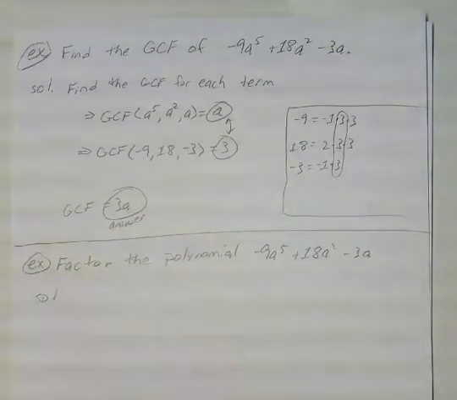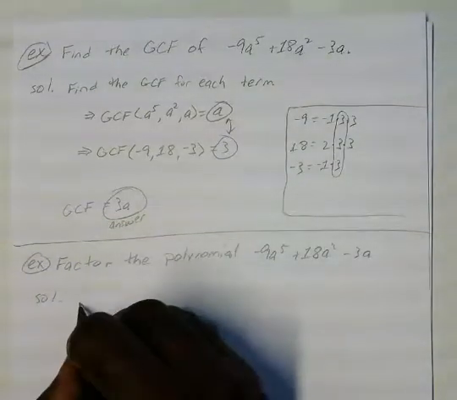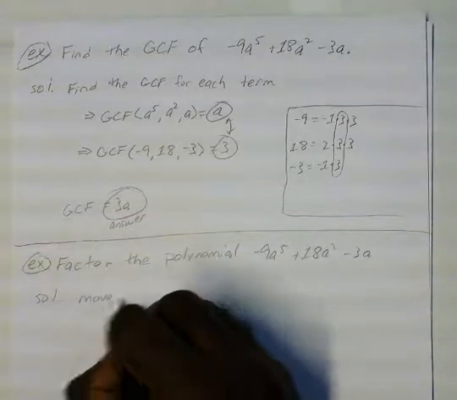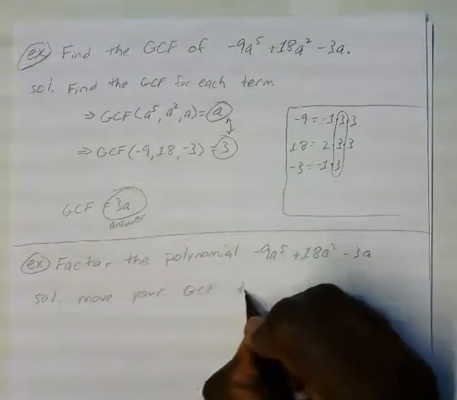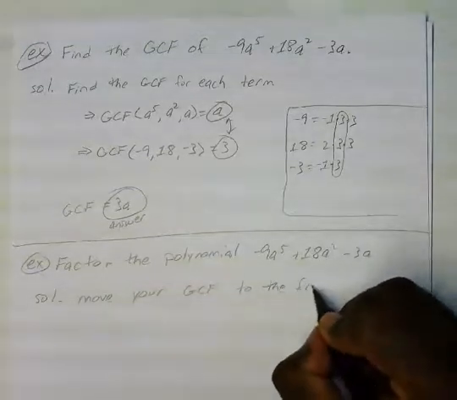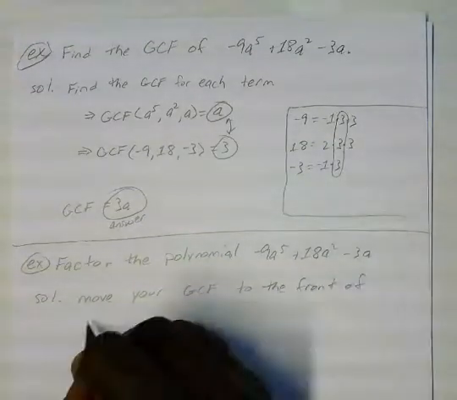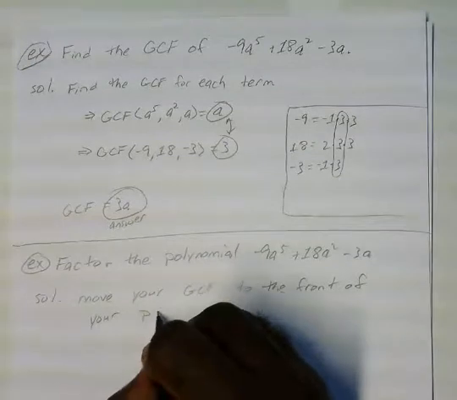Again, we just move our greatest common factor to the front of our blank parentheses. Move your greatest common factor to the front of your parentheses.